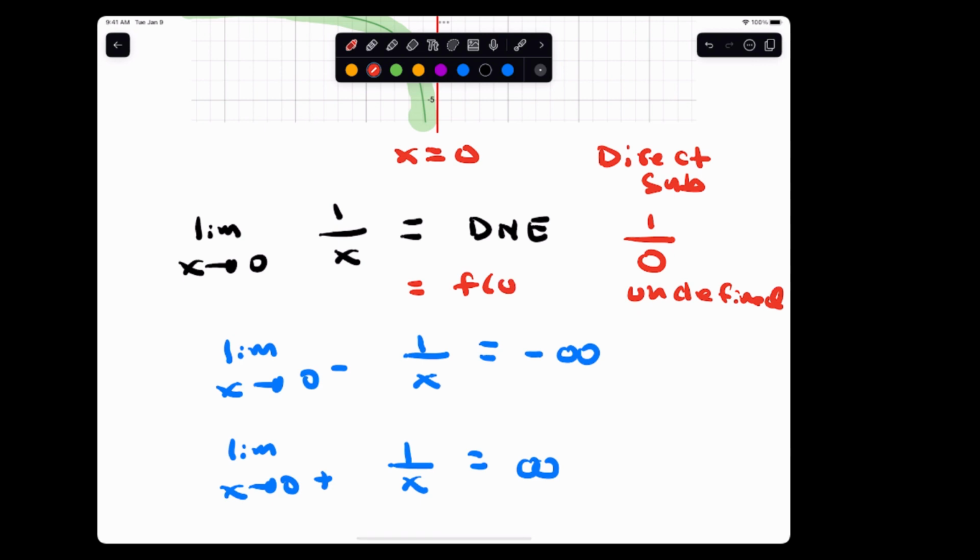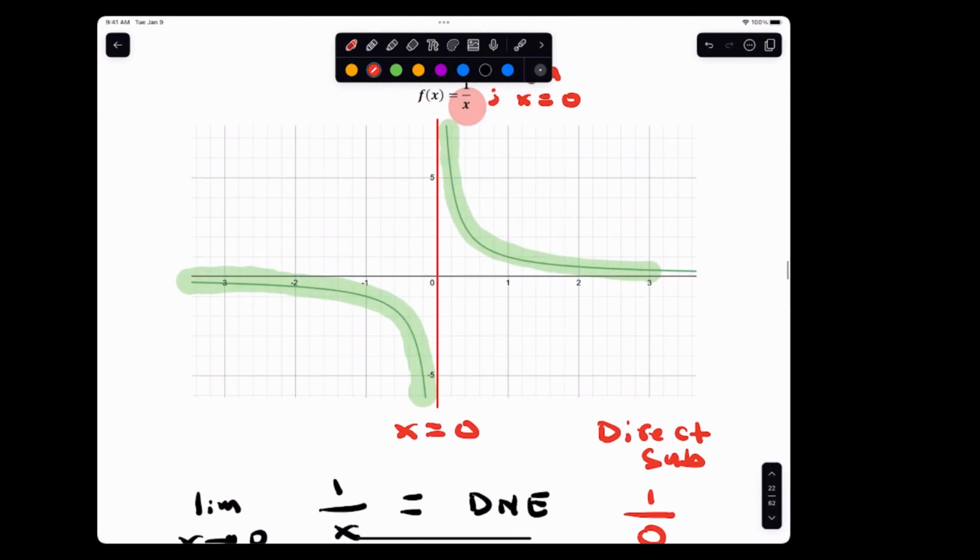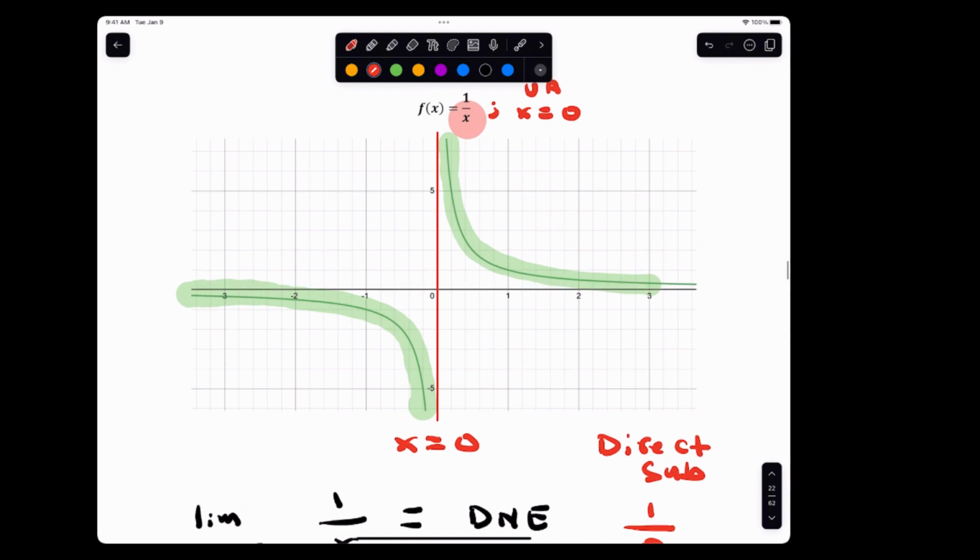So I want you guys to remember, is undefined the same as not existing? No, they're not the same thing. Does not exist applies to the left-handed limit not equal to the right-handed limit. Being undefined is functional evaluation, and 1 over 0 is just not defined. There's no definition of that. So you can't use continuity or direct sub.